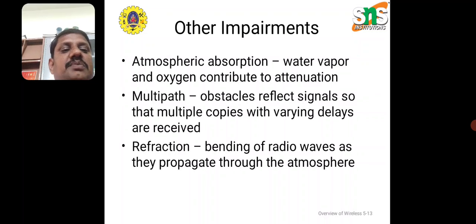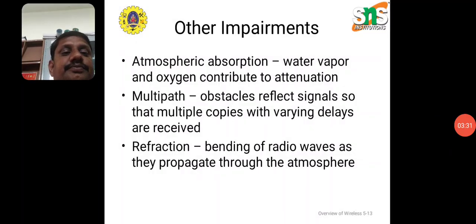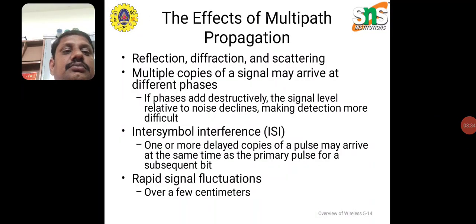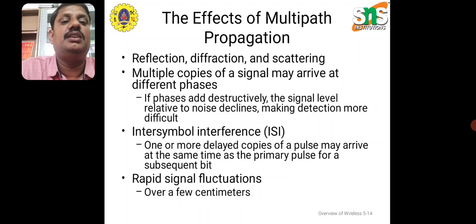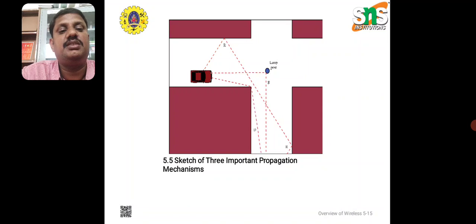Then multipath: obstacles reflect the signal, and multiple copies with varying delays are received. Refraction bends the radio waves, so their propagation through the atmosphere varies. The effects of multipath propagation are reflection, diffraction, and scattering, giving multiple copies of the signal, inter-symbol interference (ISI), and rapid signal fluctuation. This is a sketch of the three important propagation mechanisms and how they produce the signal.